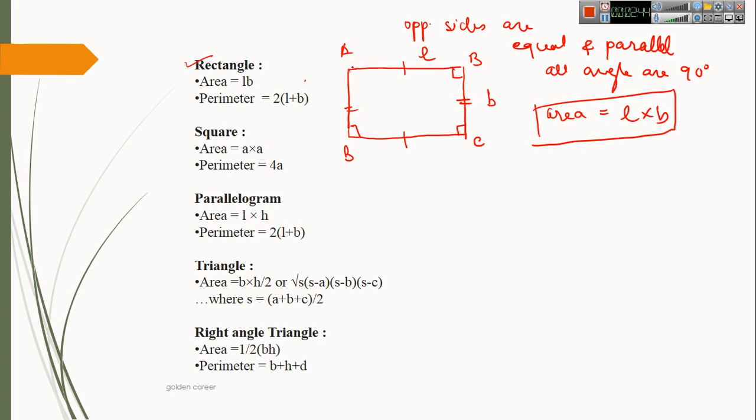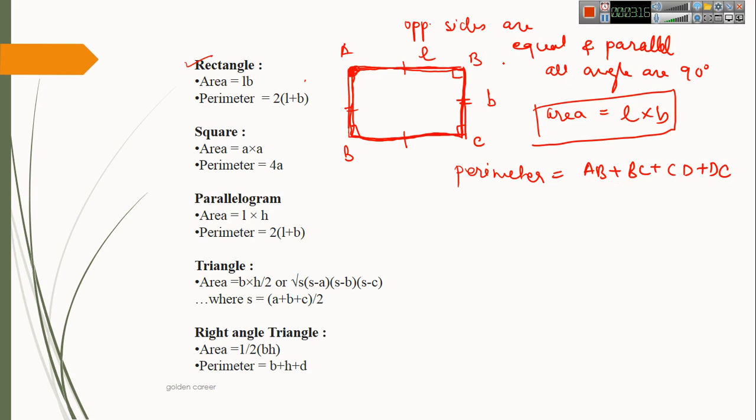Perimeter is basically the boundary of any plane figure. If we start from position A, move through the lines and come back to A, then the distance which we cover is the perimeter. So the perimeter of this rectangle will be AB plus BC plus CD plus DA.